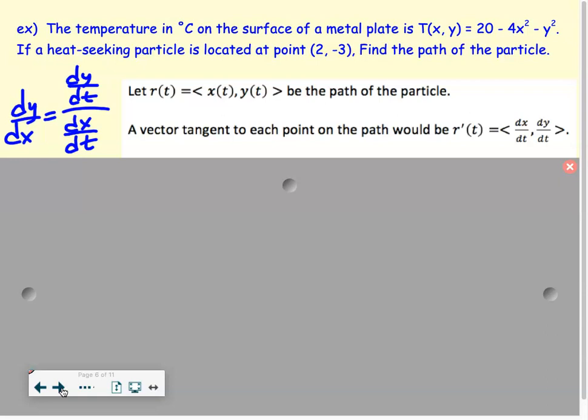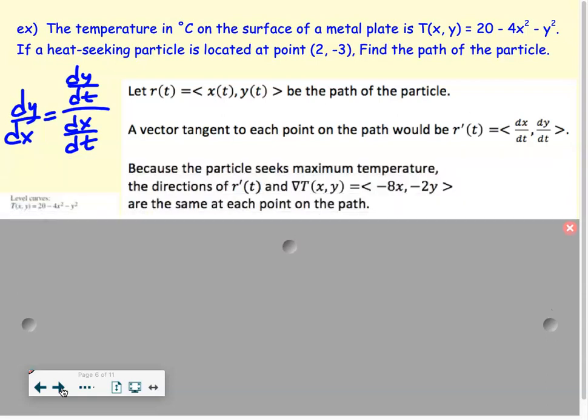Now, what do we want dx/dt and dy/dt to equal? We want them to equal the gradient. So we want the rate of change of the path to follow the gradient. So here's the thing. If r prime equals the gradient, that means dx/dt equals negative 8x and dy/dt equals negative 2y.